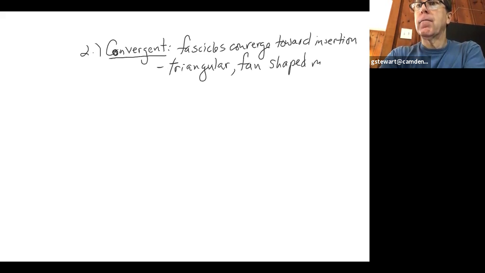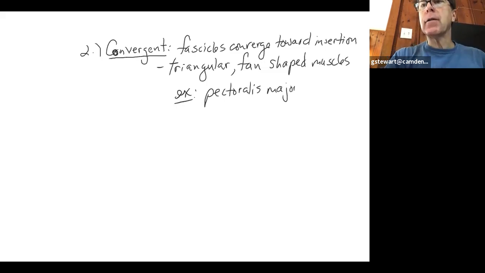Examples would be the pectoralis major. That covers the anterior side of your rib cage, your chest muscles. Also, the deltoid. So the fascicles all converge toward an insertion point.